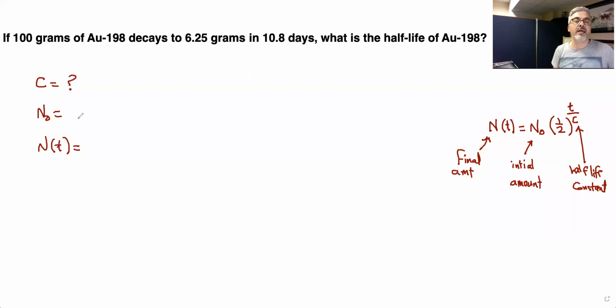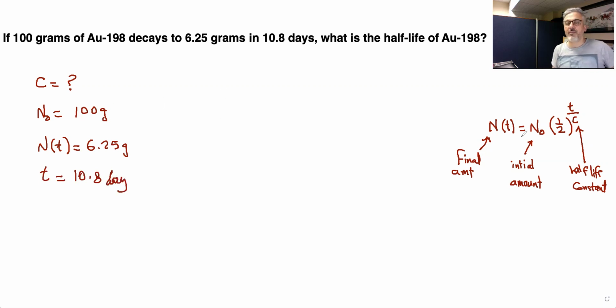We're given the initial amount to be 100 grams, and it decays into 6.25 grams. The time that it did that is 10.8 days. So here we go.